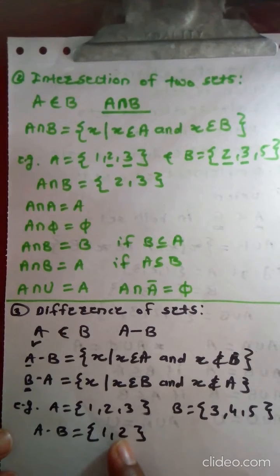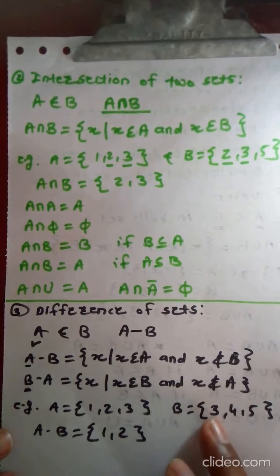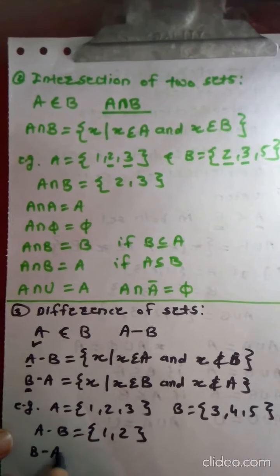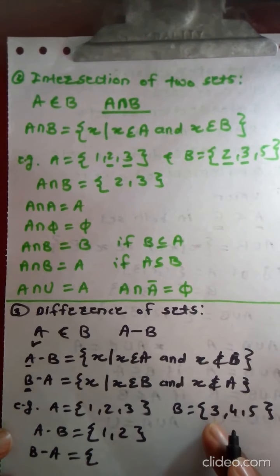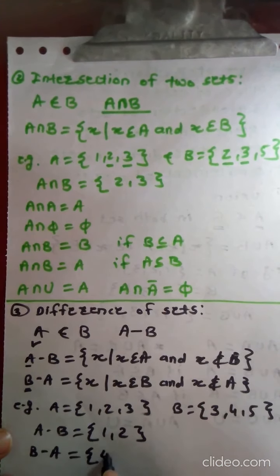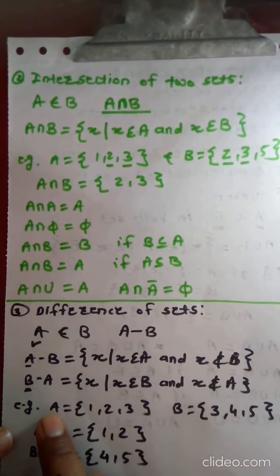So 1, 2 belong to set A but do not belong to set B in case of A minus B. Now the same for B minus A: subtract the elements of set A from the elements of set B, so the same 3 will be subtracted from set B and the remaining elements 4, 5 are the output, right? So 4, 5 belong to set B but do not belong to set A.